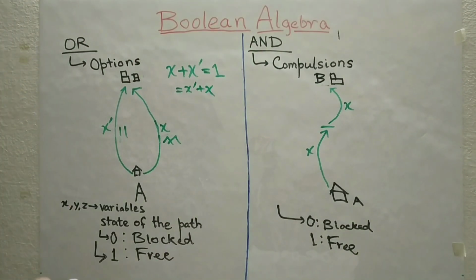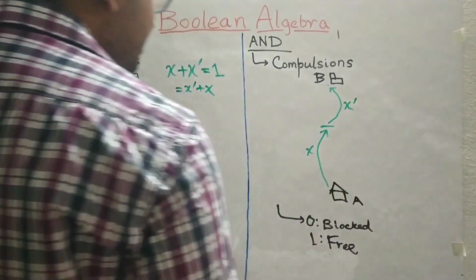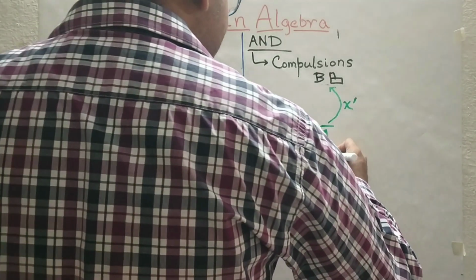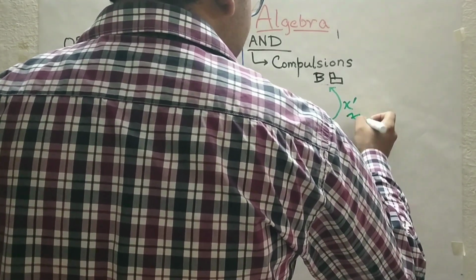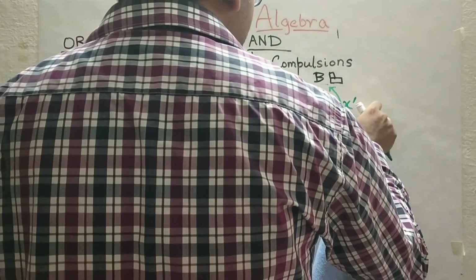And in this one, one of them is x naught. So if x is free and x naught is blocked, can you go from A to B? You cannot go, because one of them is blocked.